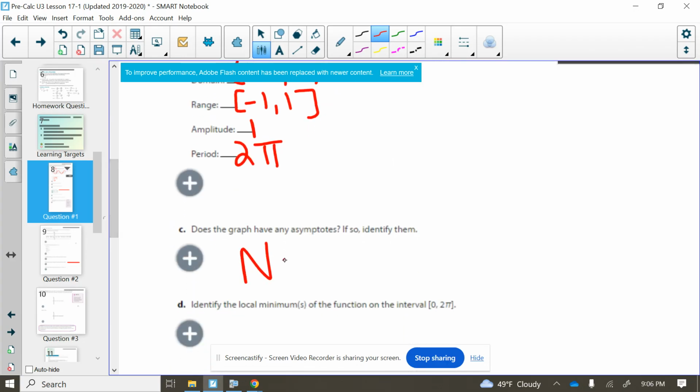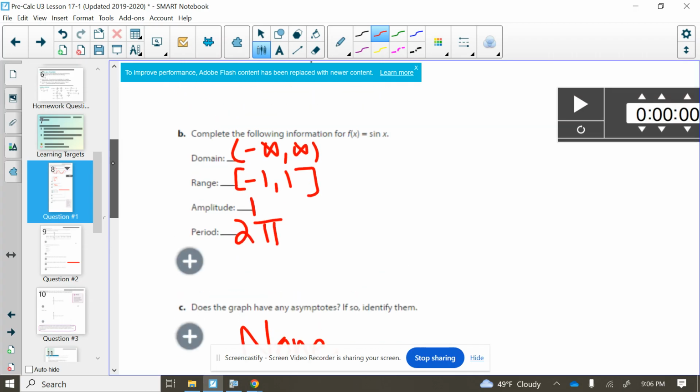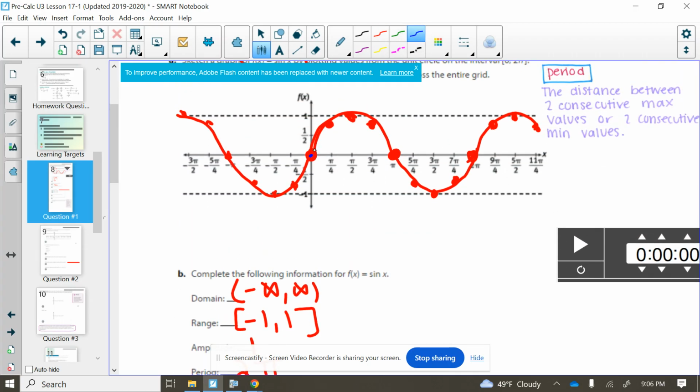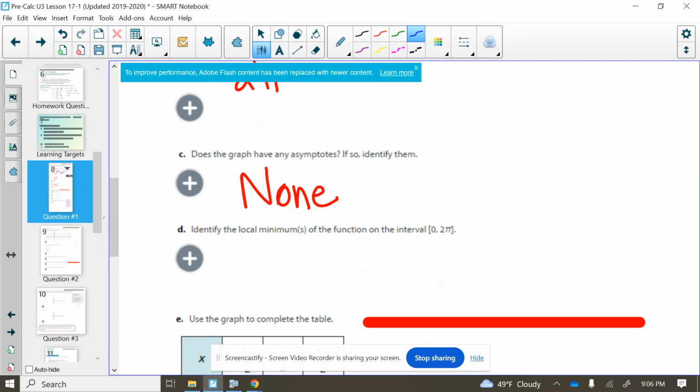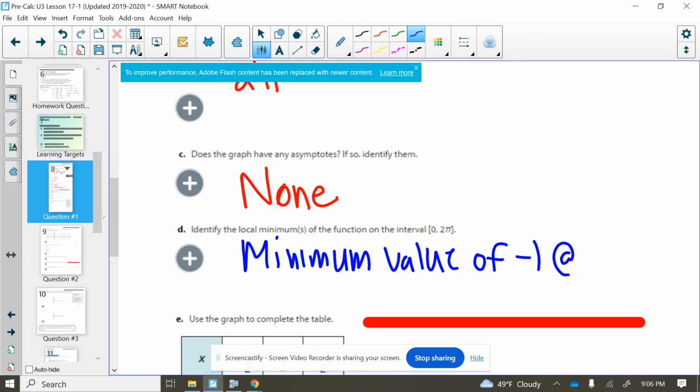We don't see any vertical asymptotes this time, and our minimum, if we're looking just at the range from 0 to 2 pi, is going to come down here at 3 pi over 2. We would have a minimum value of -1 at x equals 3 pi over 2.